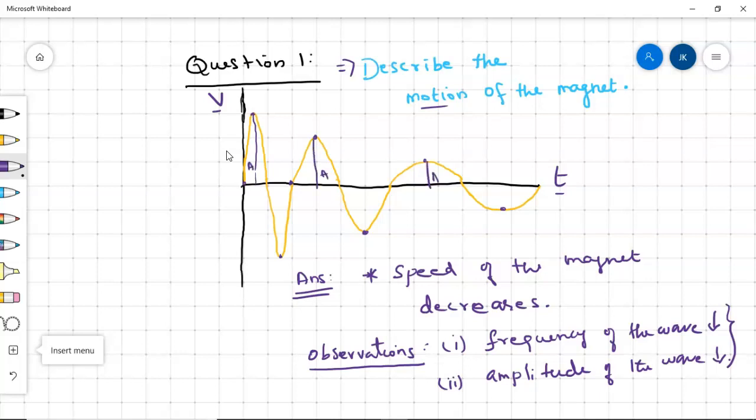The amplitude is changing continuously. And for frequency, here 2 units for one wave. Here 4 units for another wave. Here 6 units, time taken 6 units for another wave. So the frequency of the wave also changes; it decreases.